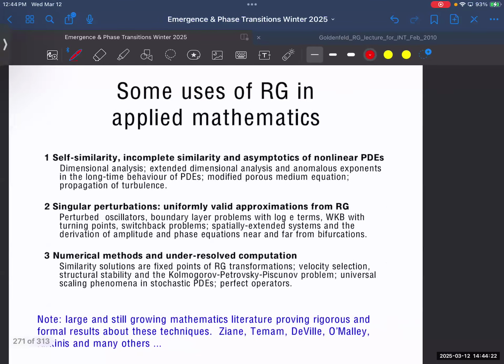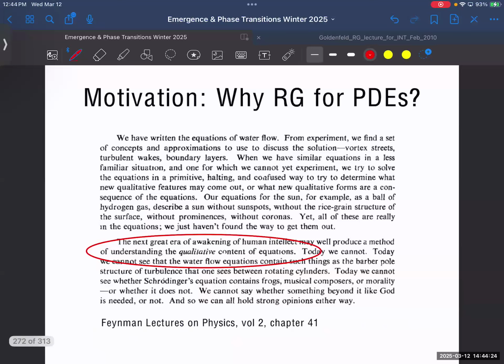So I'm not going to do that today, but why do I want to look at the renormalization group for partial differential equations? Here's a quote from Richard Feynman in the Feynman Lectures on Physics, Volume 2. After his chapter on electricity and magnetism, he talks about the Navier-Stokes equations. He writes down the equations, and this is what he says: we've written the equations of water flow.